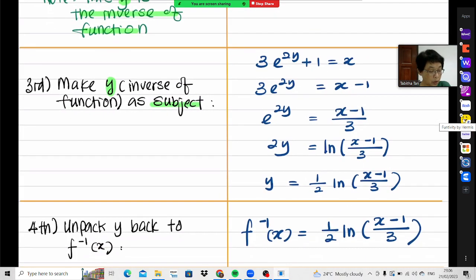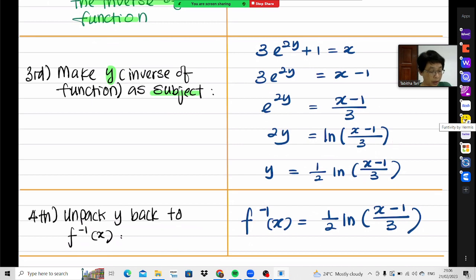Now we have arrived at this stage where, for the inverse function, you want to make it the subject, so we make 2y, the index itself, the subject, using the conversion formulas from exponential to logarithmic form. So now we have got to here, then we divide by 2 on both sides, that leads us to this.